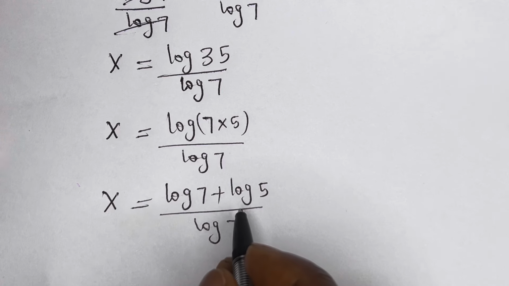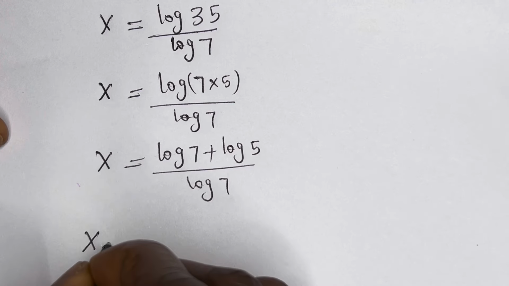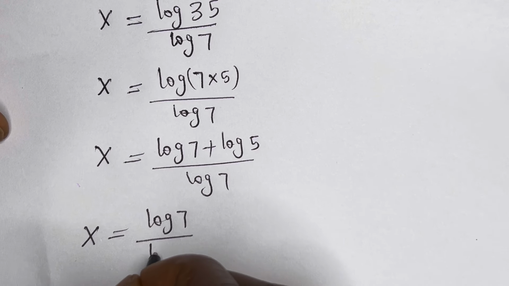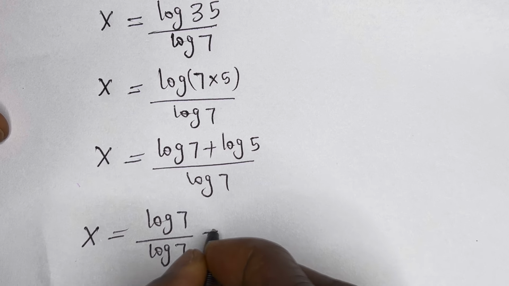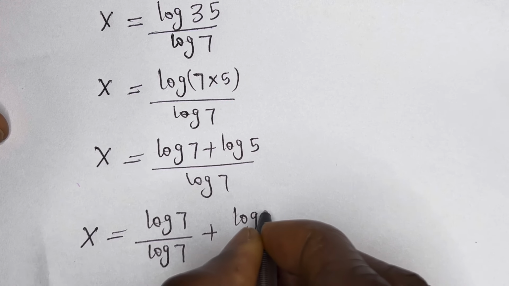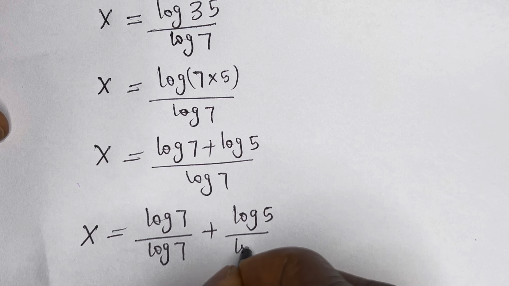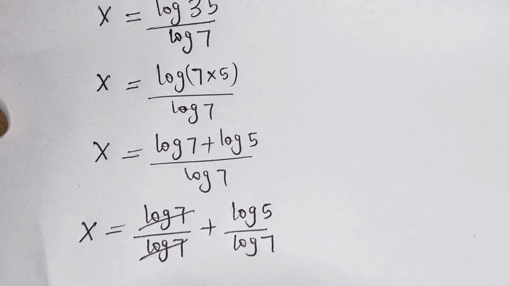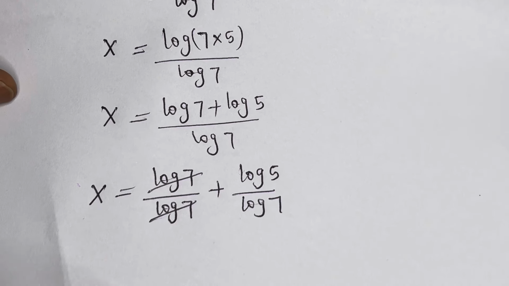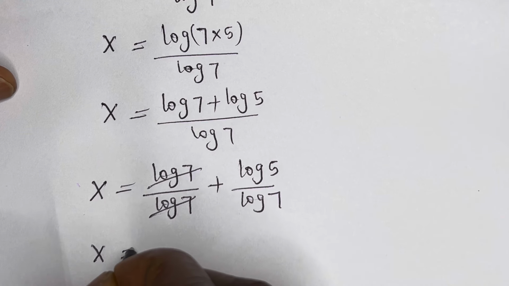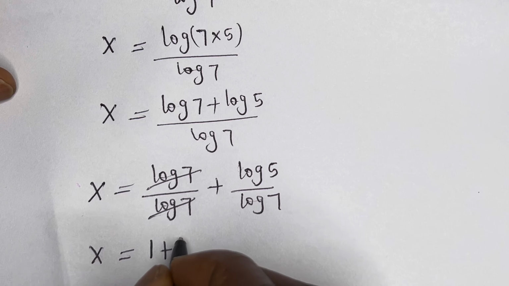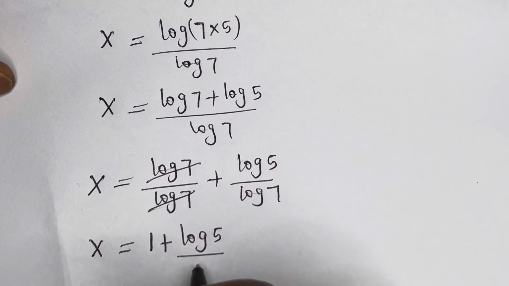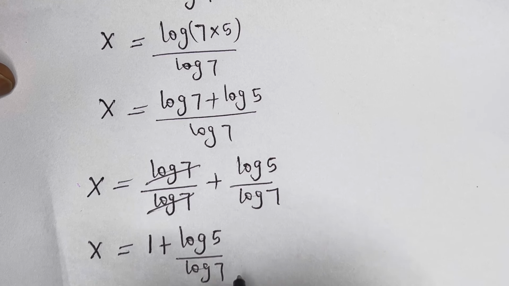We can as well split this as s is equal to log 7 over log 7 plus log 5 over log 7. This cancels this. s is equal to 1 plus log 5 over log 7.